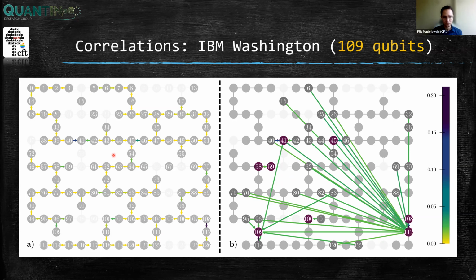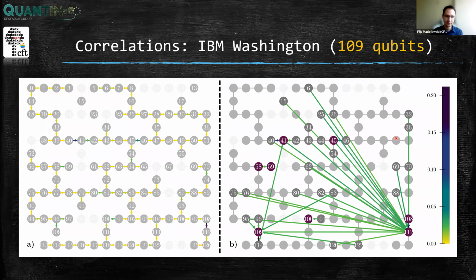What you can see are those arrows, which indicate the magnitude of those correlations that I defined previously, so how the state of one qubit affects the statistics on the other qubit. And this is the scale.